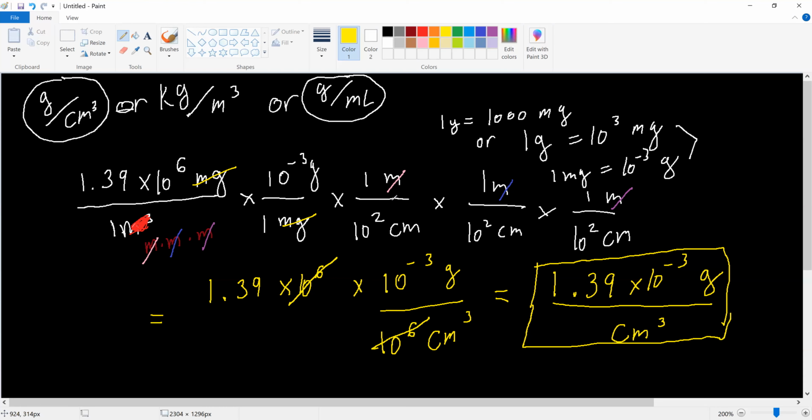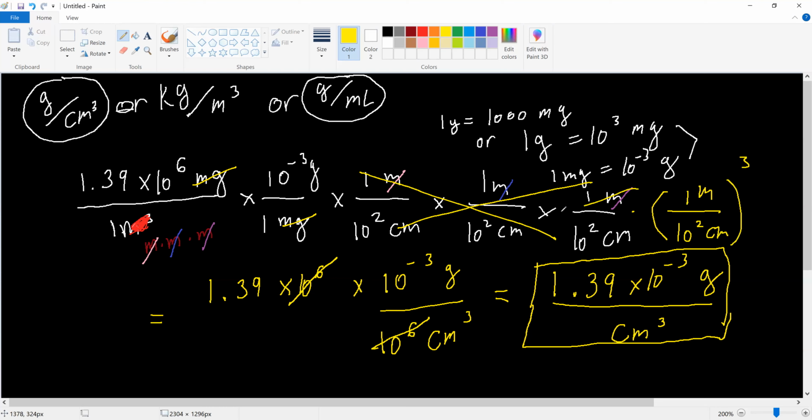And again, there's another way of writing this. Instead of doing 1 meter over 10 to the second 3 different times, you can also just say 1 meter over 10 to the second cm and then cube it all before doing the big old calculation.